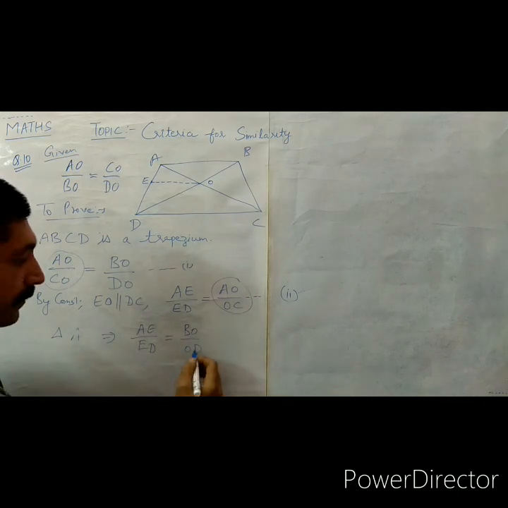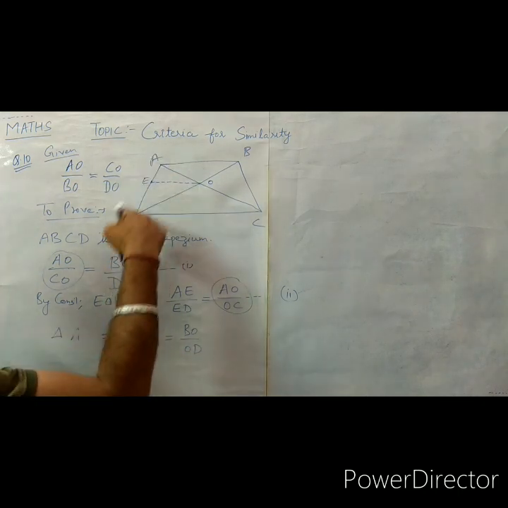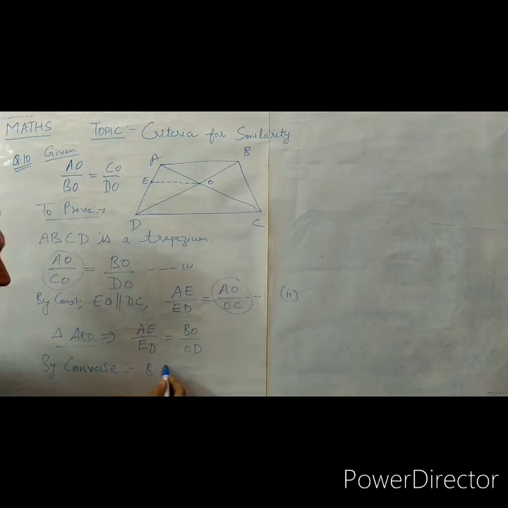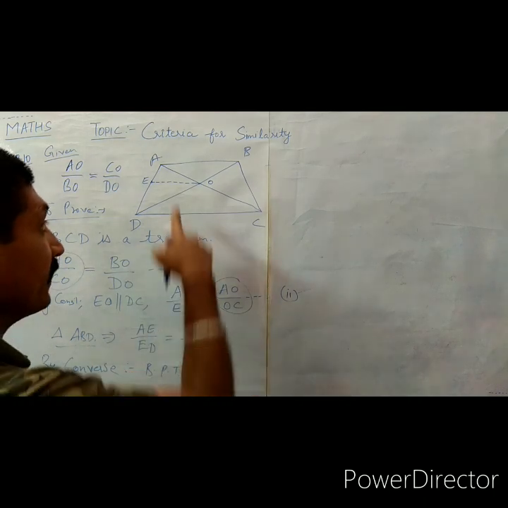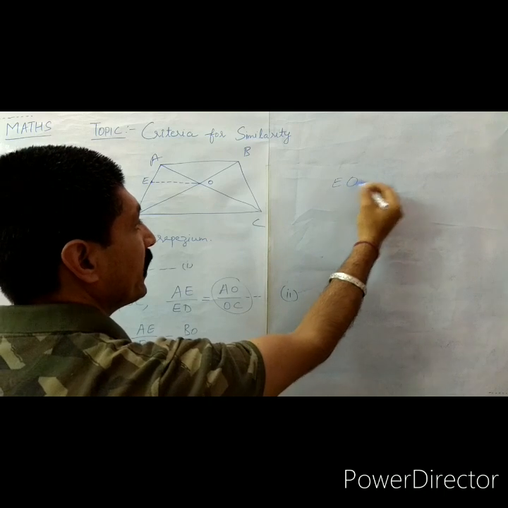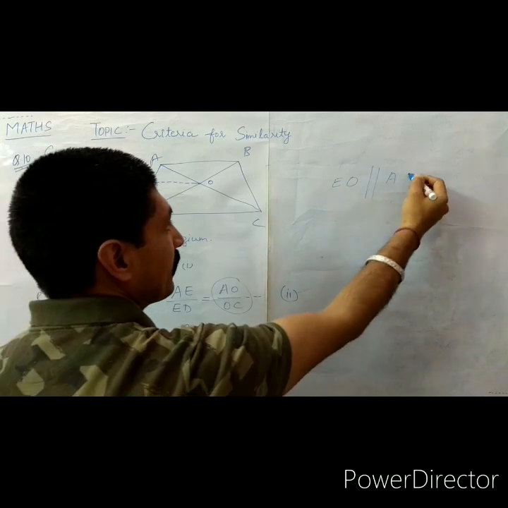Now in this triangle ABD, by the converse of the basic proportionality theorem, we have that EO is parallel to AB.